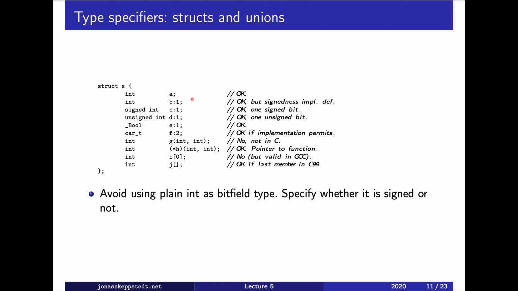What is new here is that we can use this colon and a number, and this is called a bit field. It says that B is an int with only one bit. Warning, it's implementation defined whether this int actually is a signed int or unsigned int. So even if normally an int is always signed, when it is a bit field, then it can be unsigned int.